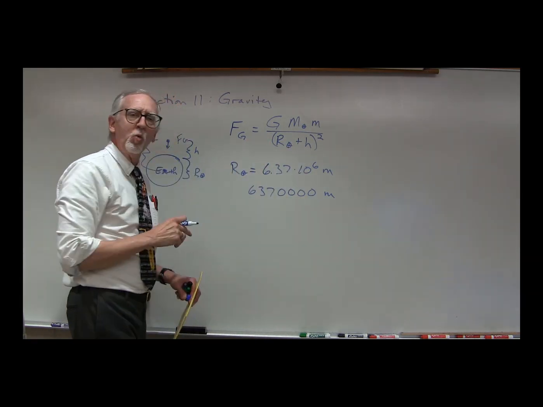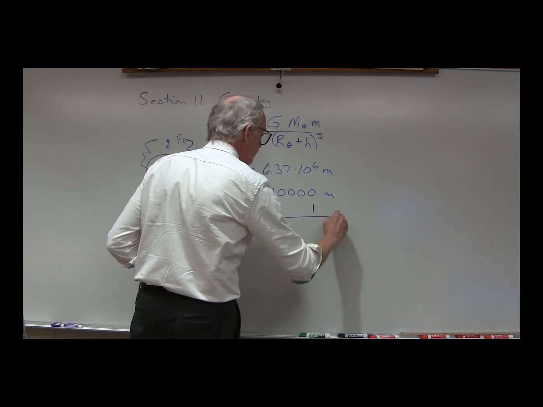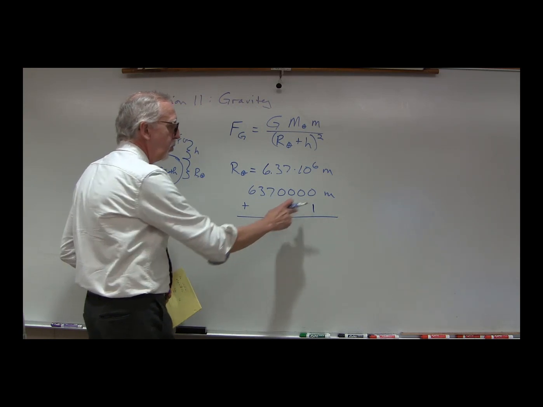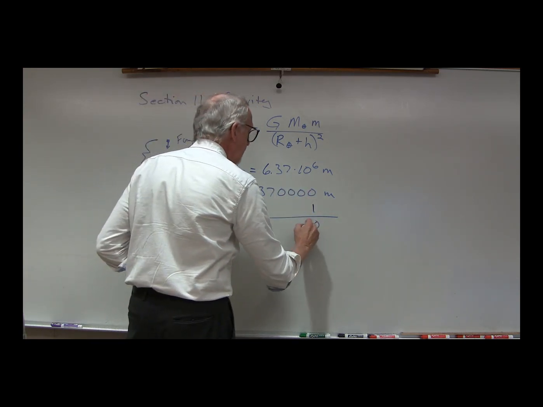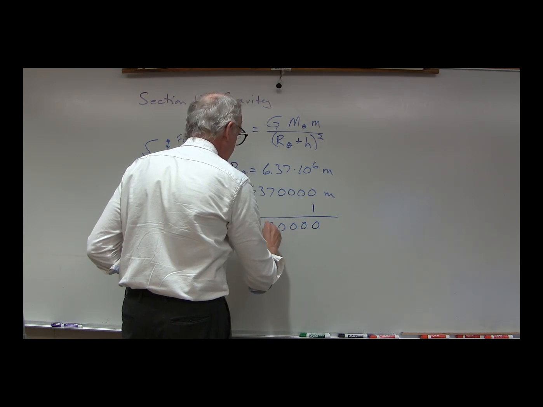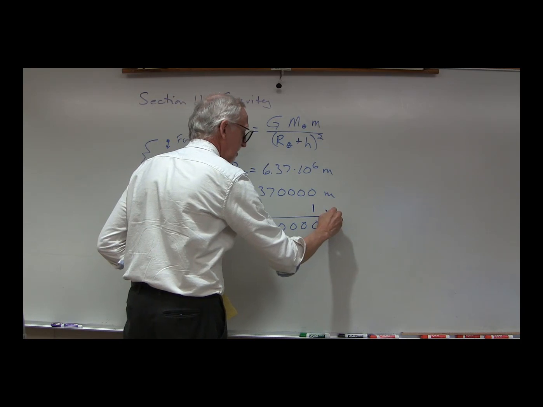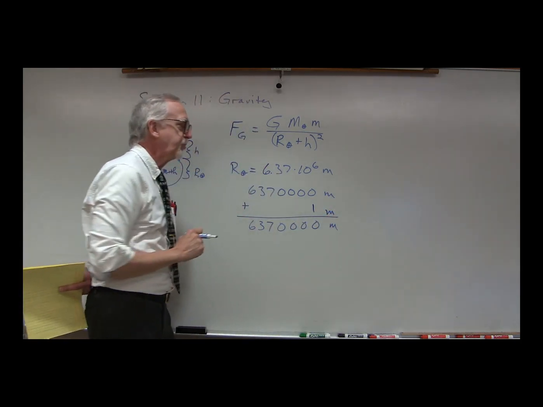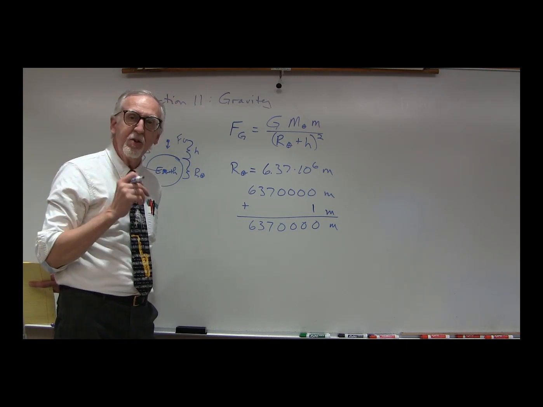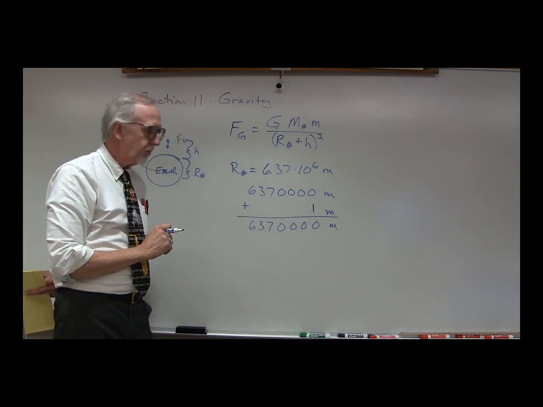What if h were 1 meter? So if I add 1 meter to that, what would we get? Well, that's not a significant figure, so we wouldn't keep that. So we would end up with the same distance. If h were 1 meter and we just added that to 6.37 times 10 to the 6 meters to the appropriate number of significant figures, that's not going to change the value.